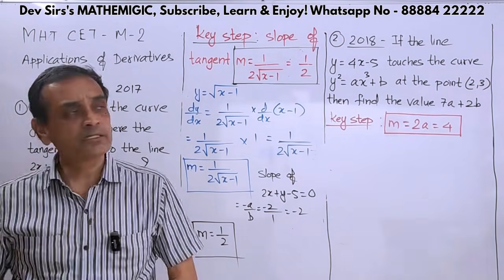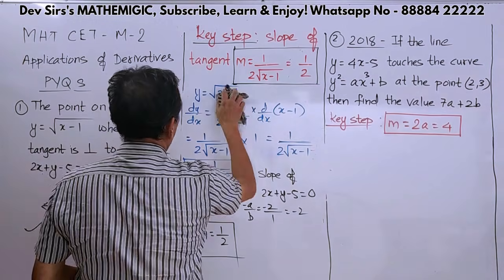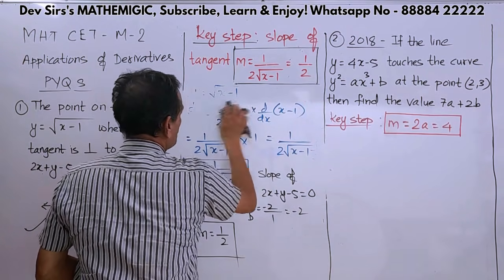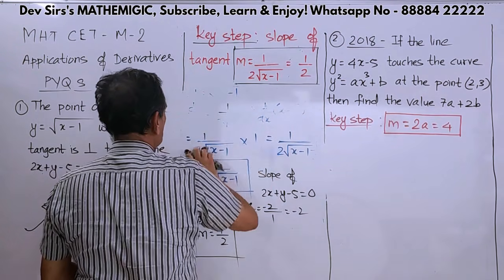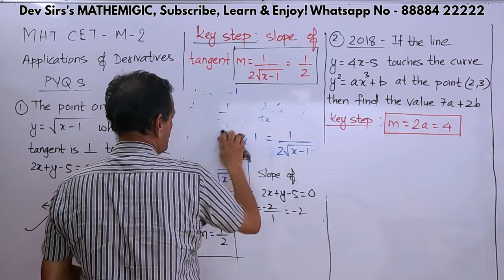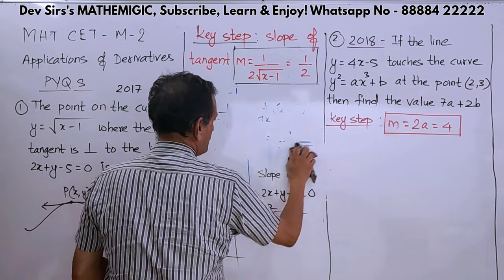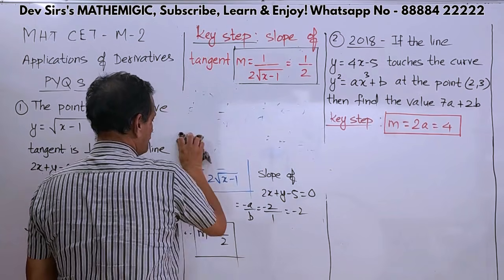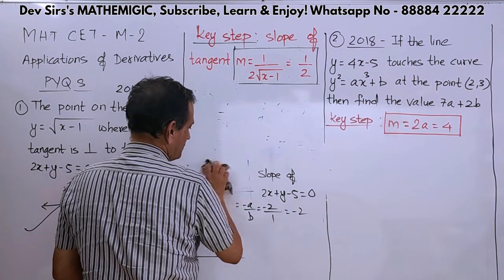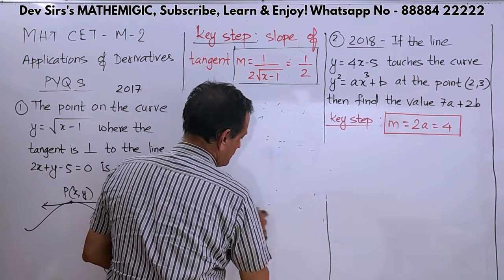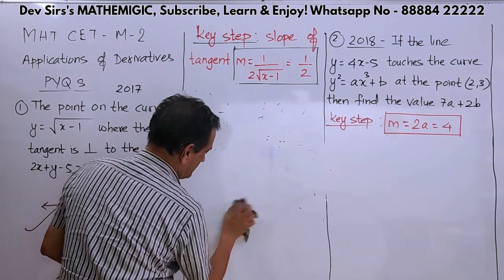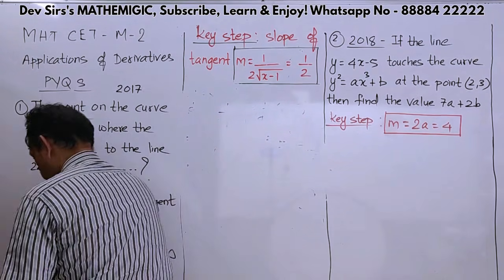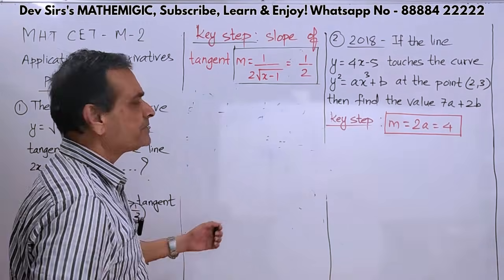Okay. Now let us simplify further. Go ahead from this step. How do we go ahead from this step?